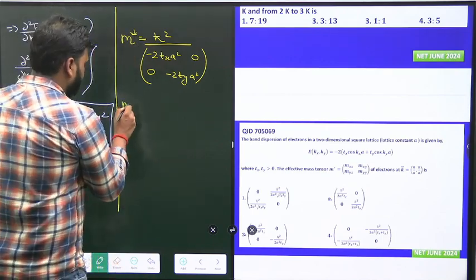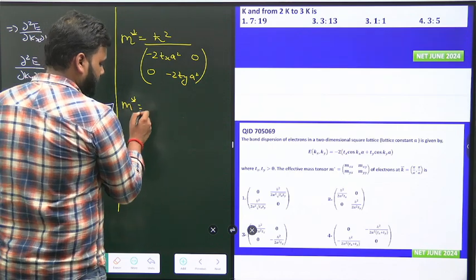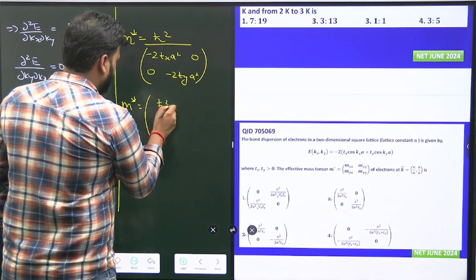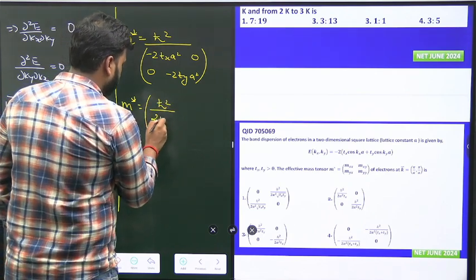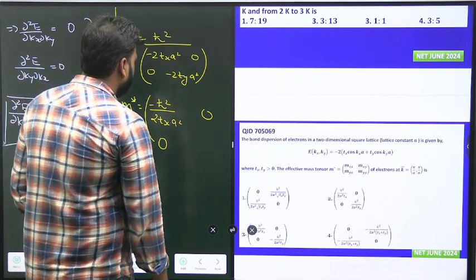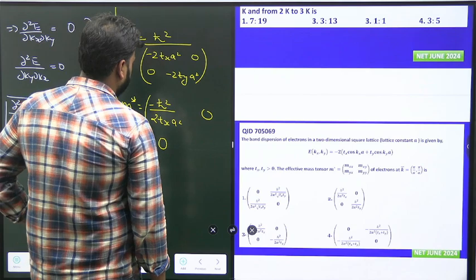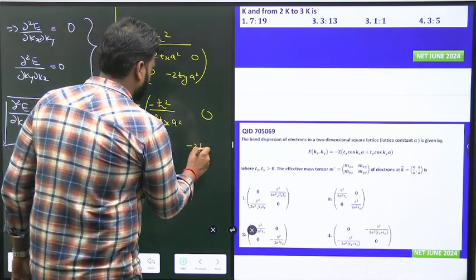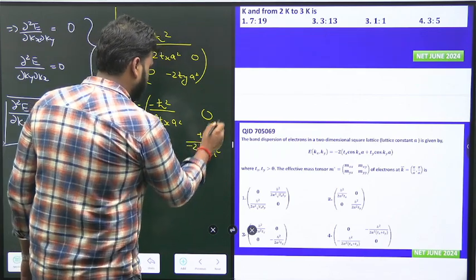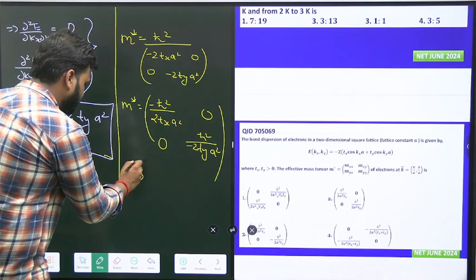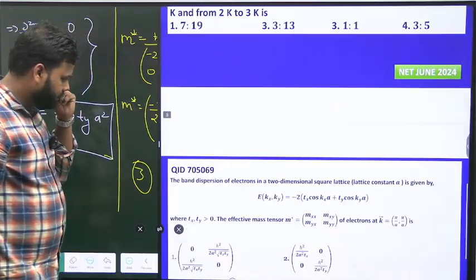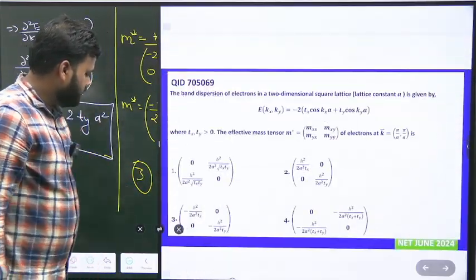So finally m star will be nothing but h cut square by minus 2 tx a square, this is a 0, this is a 0, and again this will be minus 2 ty a square, and in the numerator there will be h cut square. So this is your option. Option number 3 is the correct one. You can see here this option is correct.